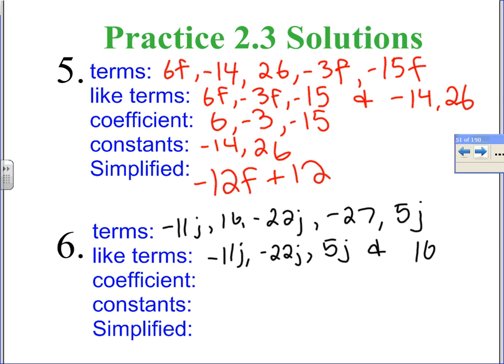Coefficients. Good job. Constants. Yep. Good. Simplified expression. Or I'll have someone else do this since you don't have yours. Alyssa. Negative 28j minus 11. Good job.